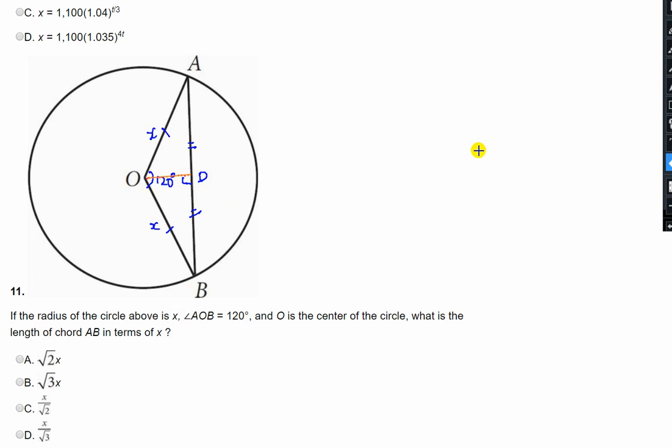Or you can even use the sine rule or cosine rule to solve this. So, cosine rule: AB square is equal to AO square plus BO square minus 2 times AO times BO times cosine 120.